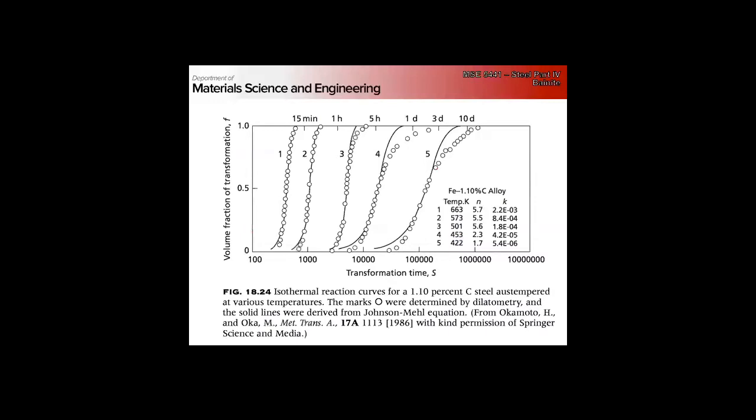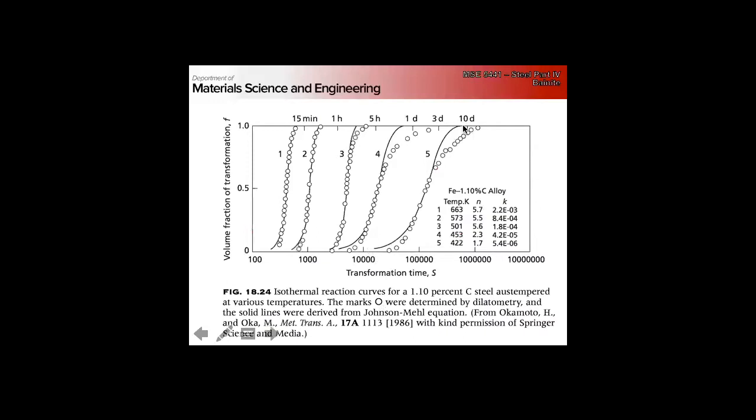They're sort of okay at high temperatures, but at lower temperatures we see a distinct divergence from the kinetics from JMAK. And also notice the time scales of this can be pretty significant, right?